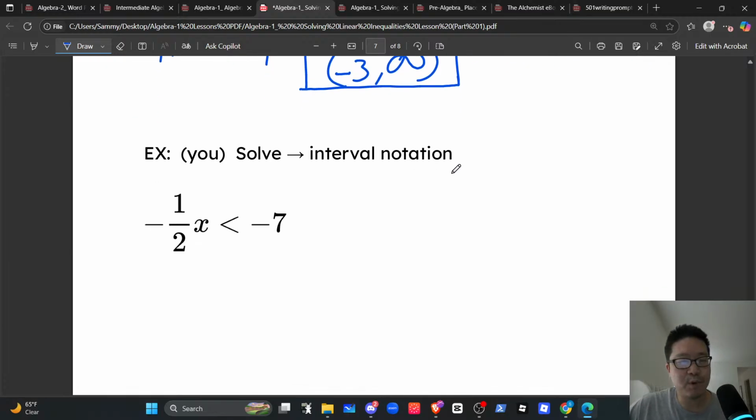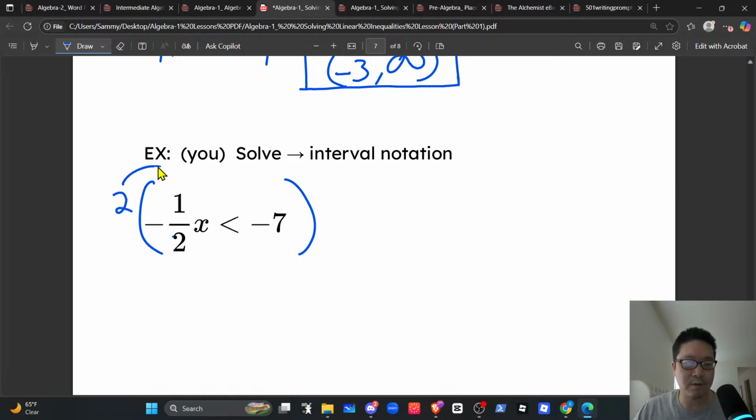Okay, last example, we have negative 1/2 times x is less than negative 7. How would we do this? Well, first thing I want to do is clear the fraction, right? Just as you did with equations, we don't like fractions in inequalities, so we want to clear the fraction by multiplying by 2. Notice that if you multiply by 2, the 2 on the denominator is going to cancel.